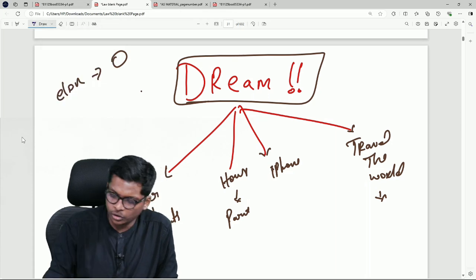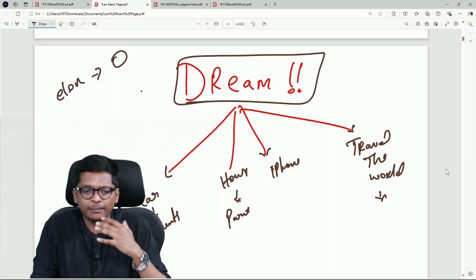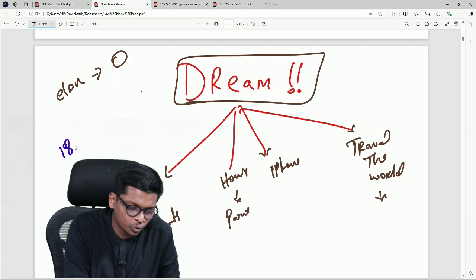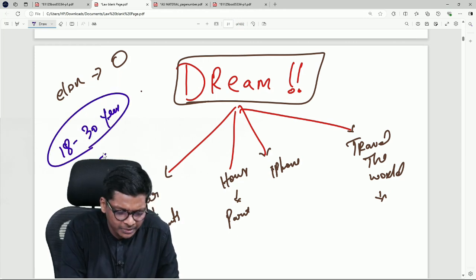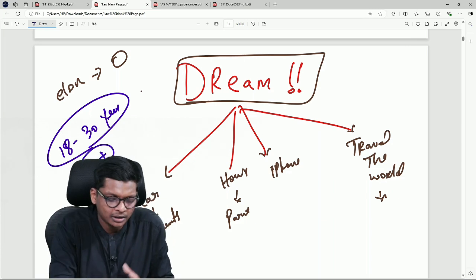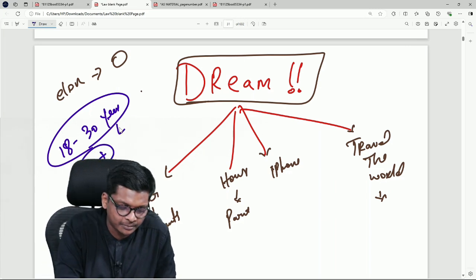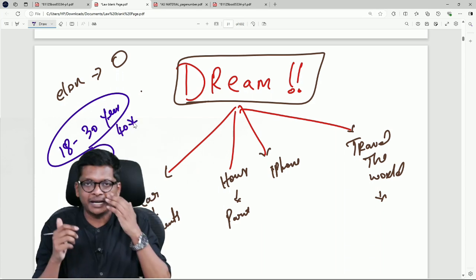Remember, guys, what is your age? Those who are watching, I am presuming most of you are in the age group of 18 to 30 years. Some of you could be even 30 plus, working now, left CA, came back after some gap, or you are in your 40s, doesn't matter.